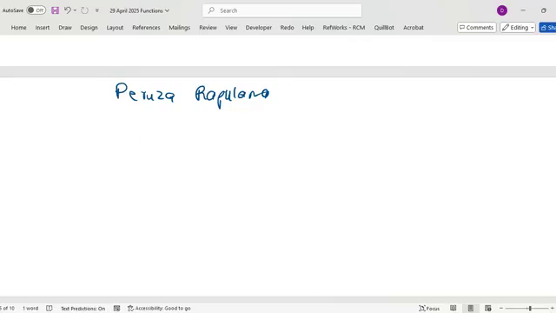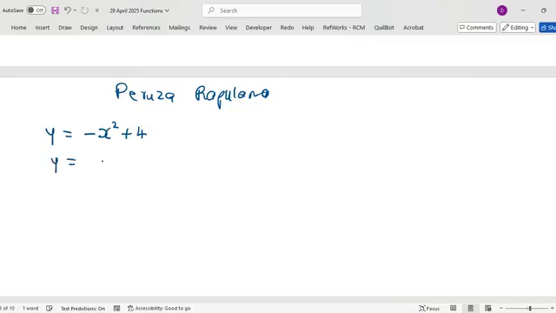I just want you to draw this one. Y is equal to negative x squared plus 4. I want you to draw that one, and then also draw this one with it.